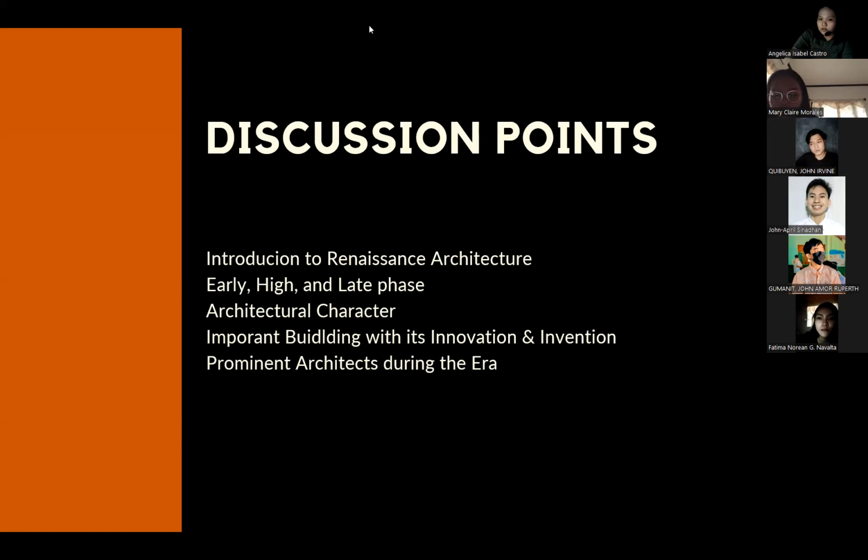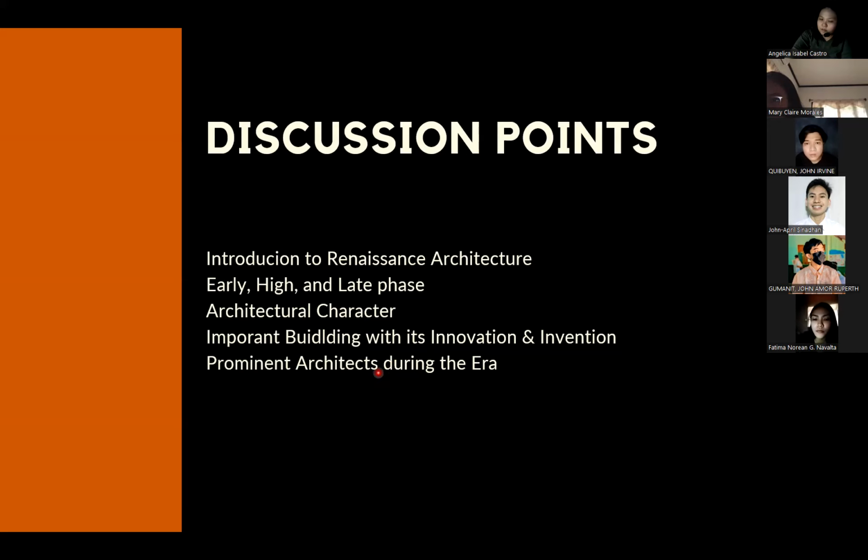Okay, let me just get my pointer. You'll have to take note that starting from this era, we will be talking about prominent architects. We never mentioned the word architects when we discussed the previous architectural eras or development, and now we're mentioning them.